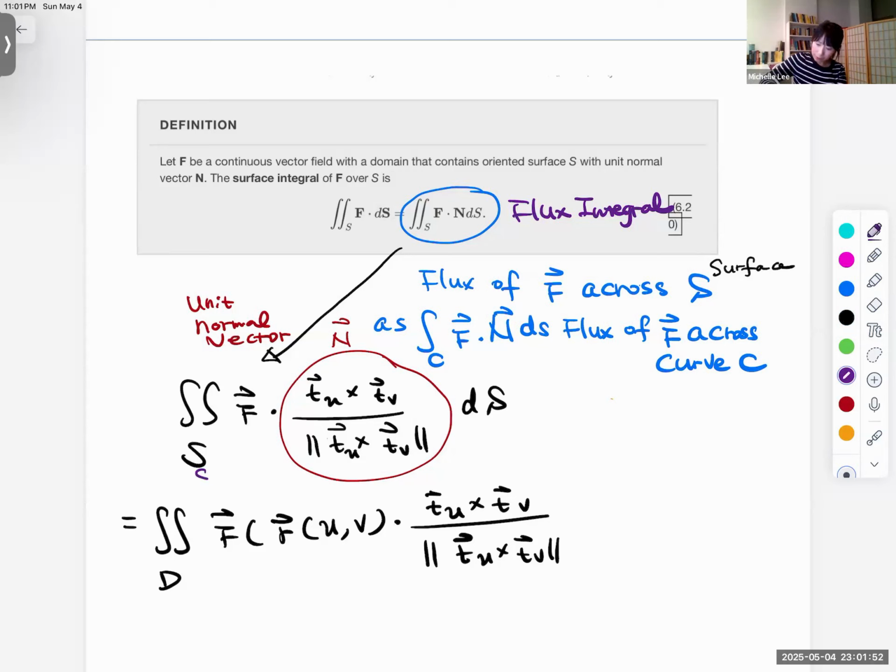So this is a surface. This is a parameter domain, right?